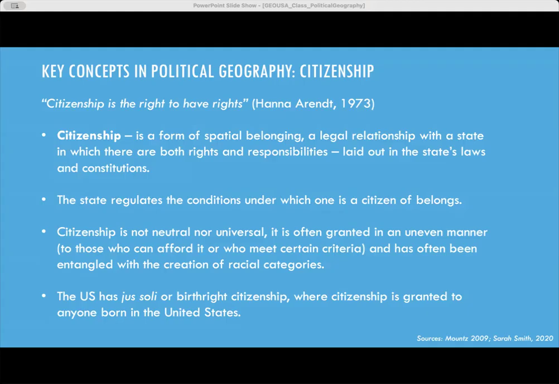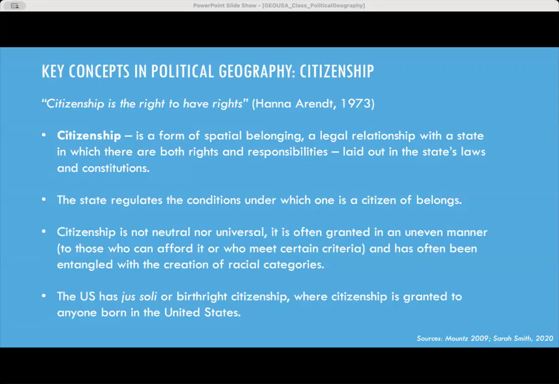For example, we pay taxes both to the federal government and to the state, but we also get to vote and participate in politics and in decision making, both at the federal level and at the state level. That's what citizenship grants us.